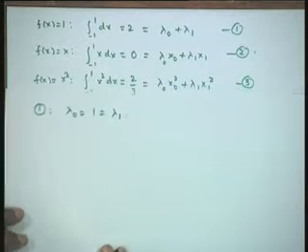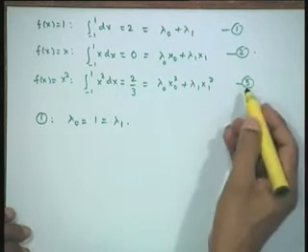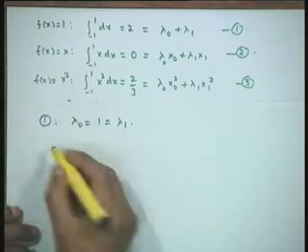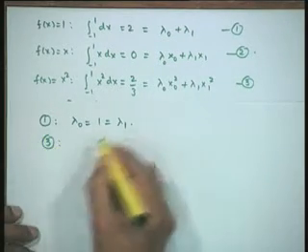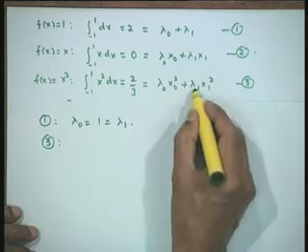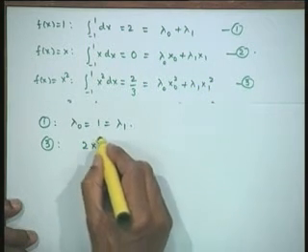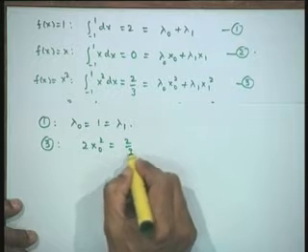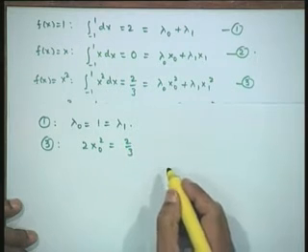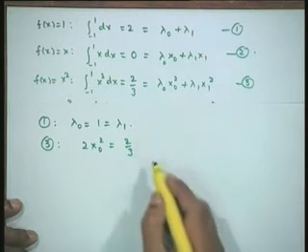Now, we can use equation 3. Since lambda 0 is equal to lambda 1 is equal to 1 and x0 is minus x1, I have simply twice x0 square is 2 by 3. So, I am just substituting in this.